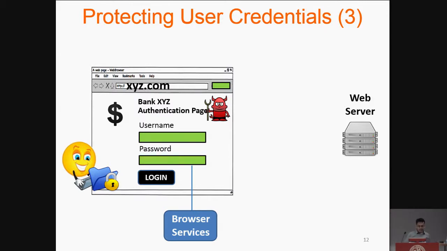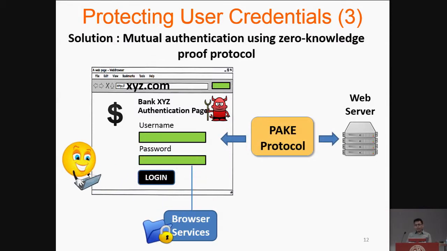And how do we authenticate ourselves to the web server without revealing our credential information? So the idea here is that we will modify the authentication method on the web by adding what is called the PAKE protocol, which is a protocol that can mutually authenticate the browser and the web server without actually revealing credential information over the network.